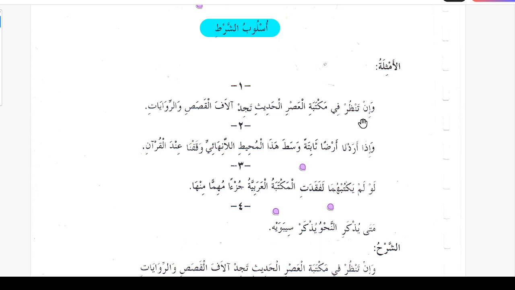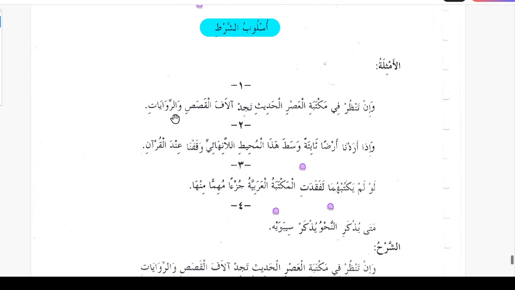So we're gonna read these sentences or these examples without the context from the lesson. وَإِن تَنْظُرْ فِي مَكْتَبَةِ الْعَصْرِ الْحَدِيثِ, and if you look in the modern era library, تَجِدْ آلاف الْقَصَصِ وَالرِّوَايَاتِ, you will find thousands of stories and novels. That is the first conditional sentence that starts from in.